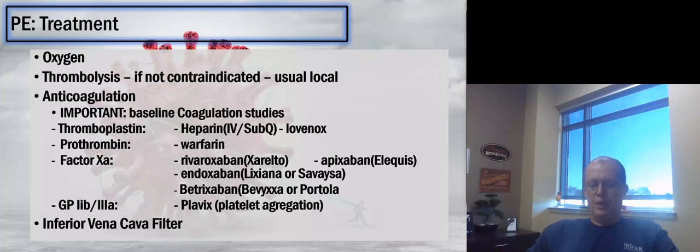So heparin is easily used at the hospital. It's easily managed either subcutaneously or IV. It can be monitored and adjusted every hour to every 6 hours to maintain optimal anticoagulation. What we're trying to do with heparin, warfarin, all of these is prevent clot formation.